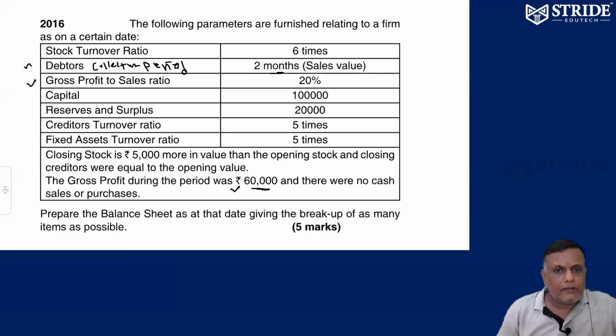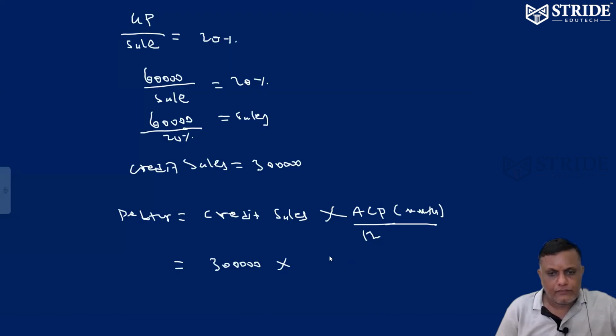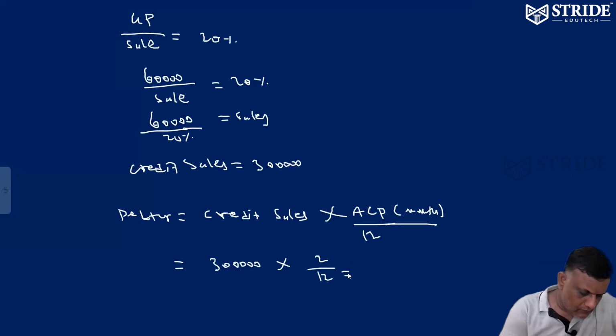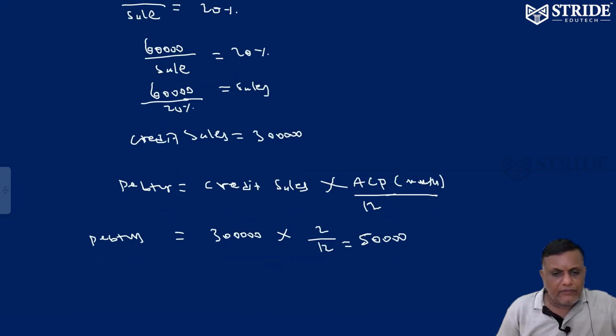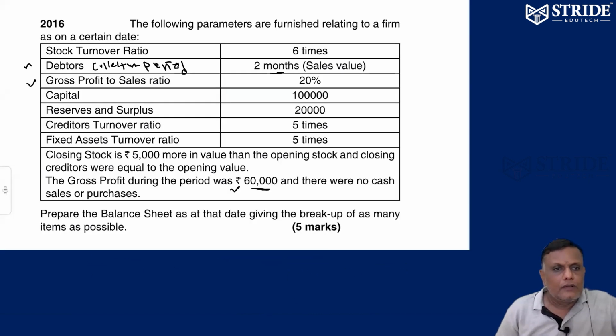Average collection period is 2 months, so 2 by 12. It is going to be 50,000. So debtor is equal to 50,000. That's it, 1/6, that is also okay.